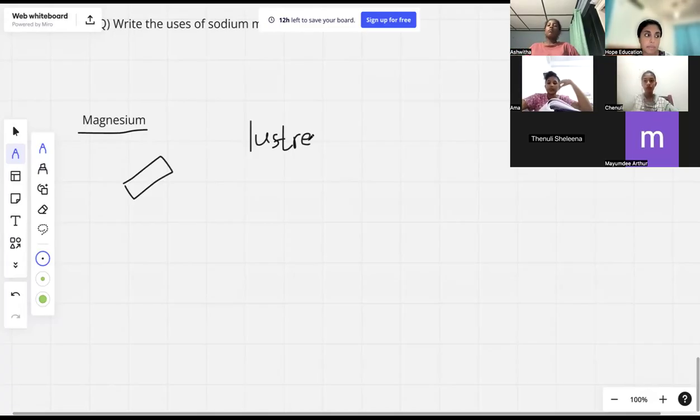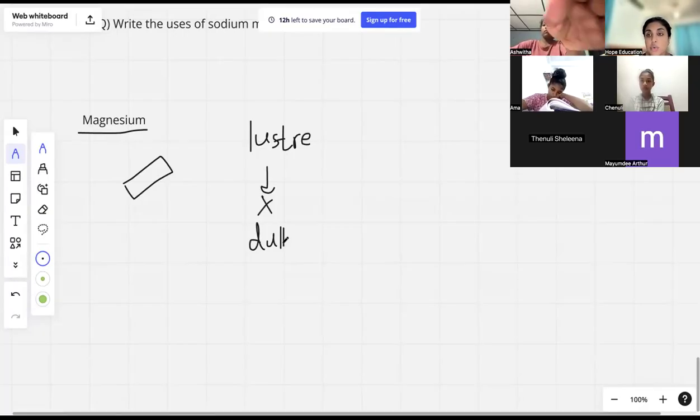When a piece of magnesium is left in the atmosphere, it reacts with the oxygen in the air. So what happens? The luster is lost and it becomes very dull. A dark color comes. Otherwise magnesium has a silvery color. But when it is exposed to oxygen and it reacts with oxygen, it becomes very dull color, right?